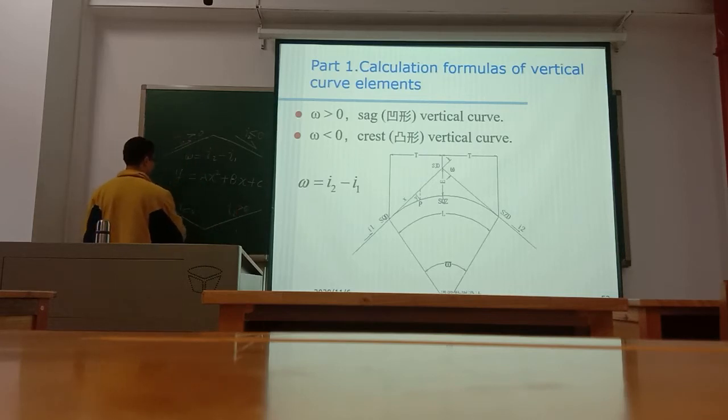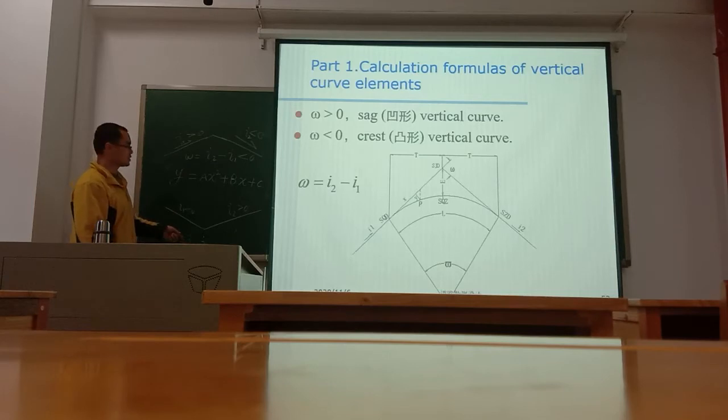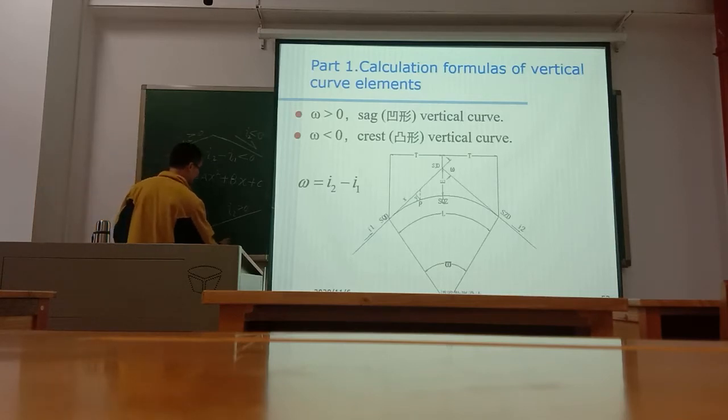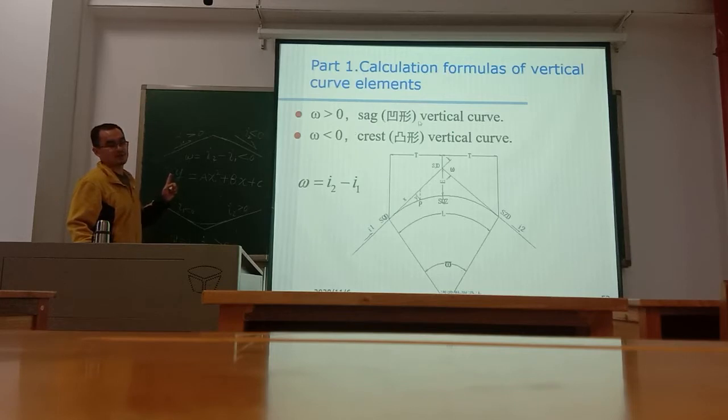In this situation, is omega greater than or less than 0? Greater than 0. So the vertical curve is a sag. This is crest.